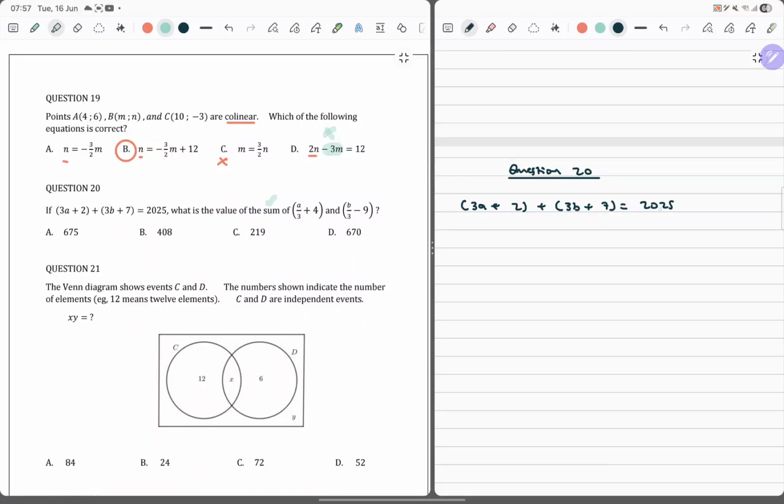I can split it and continue to split it so that it looks like this: 3a plus 2 plus 3b plus 7, where 2025 is nothing but 2000 plus 25. Not 200, but 2000.